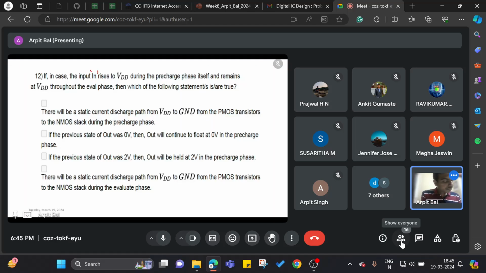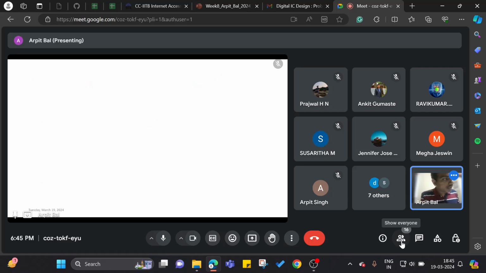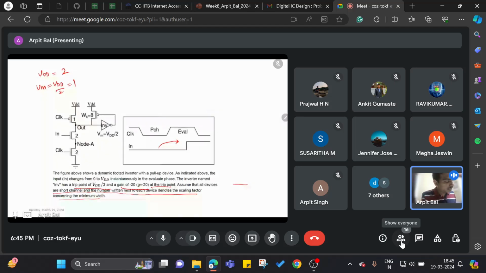Okay, so is the first option correct, that there will be a static current discharge from VDD to ground from the PMOS transistors to the NMOS stack during the pre-charge phase? Okay, let me draw this. Okay, so this is the diagram that we are talking about.